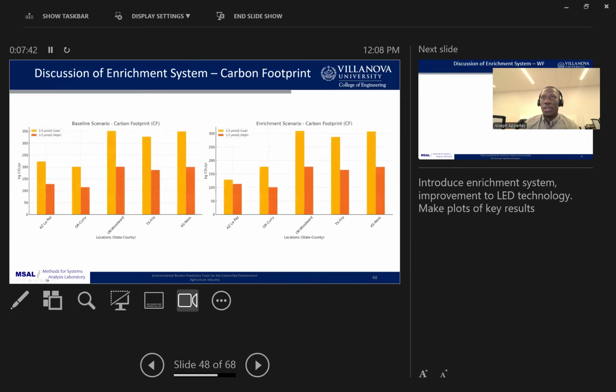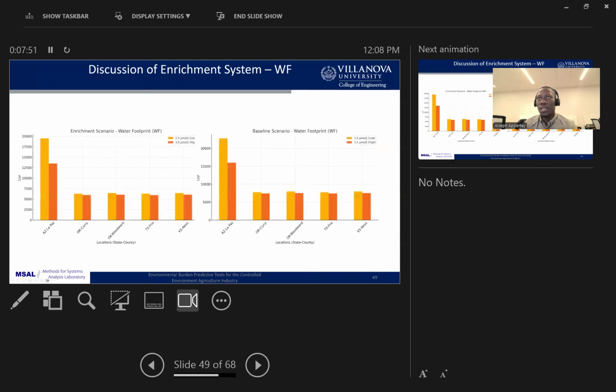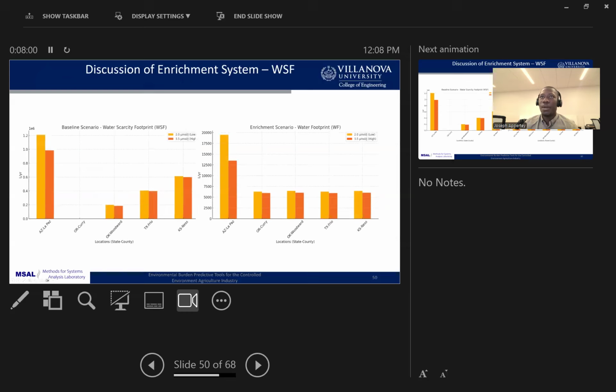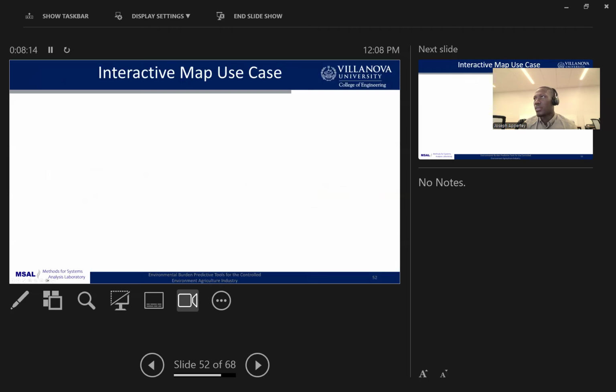So considering the baseline scenario and then the enrichment system for the carbon footprint, and then this gives us the enrichment system for the water footprint, and then the base scenario for the water footprint. And the final one is the indication of the water scarcity footprint, and then the enrichment scenario for the water scarcity footprint.